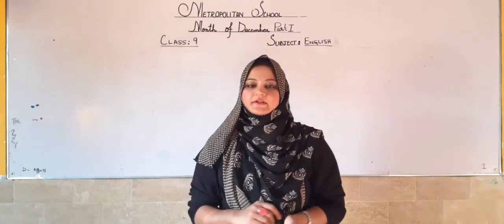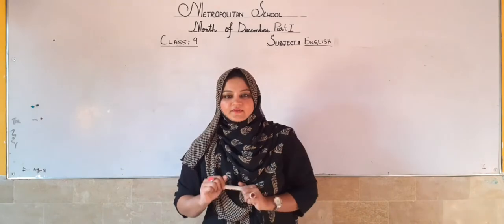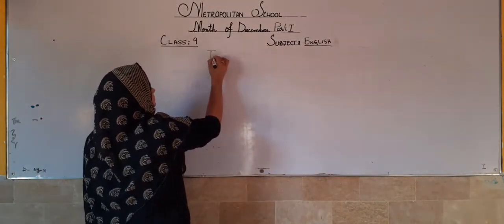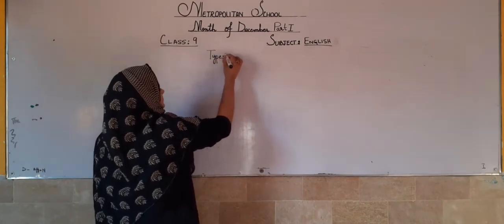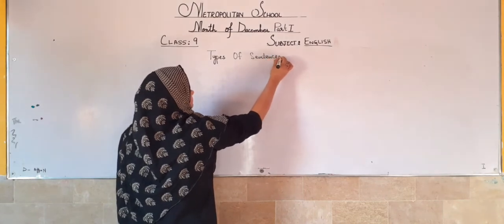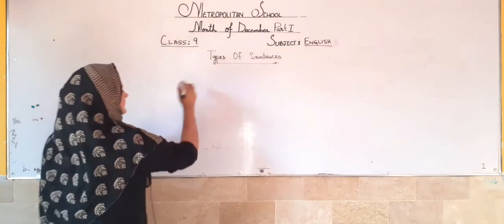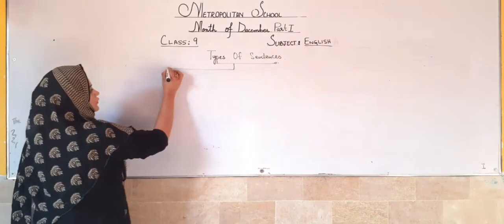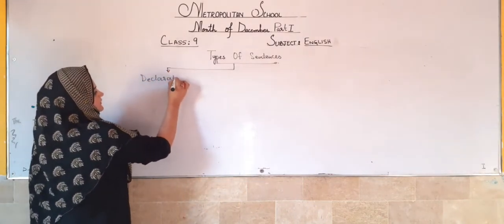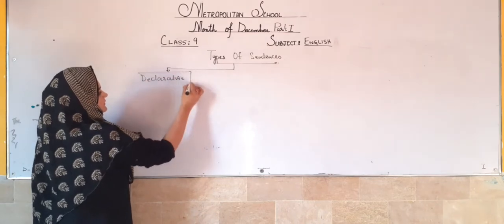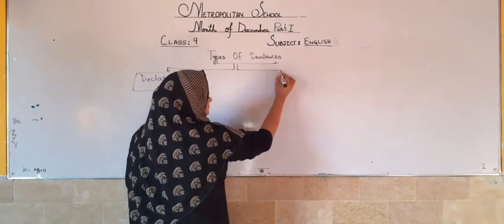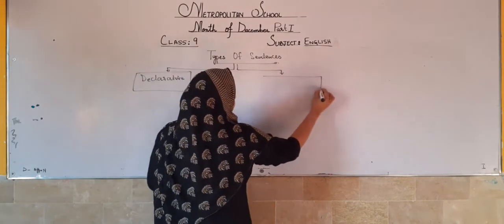Today I am going to explain to you types of sentences. We have two types of sentences. Number 1, declarative, and number 2 is interrogative.